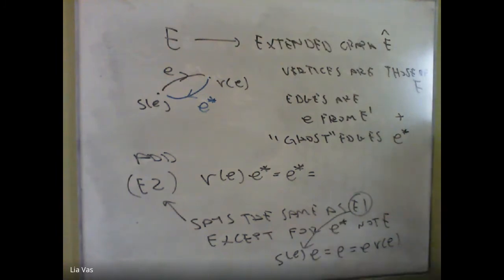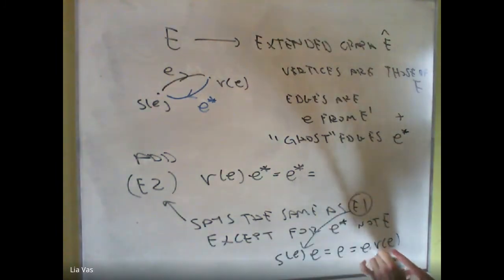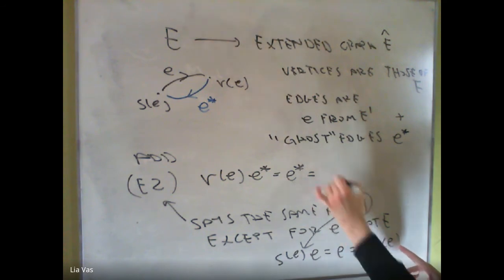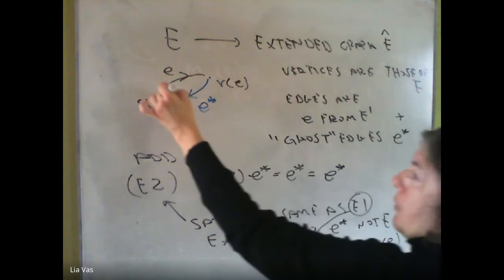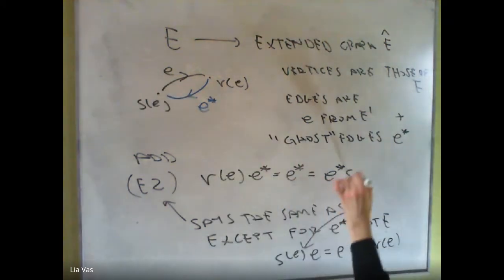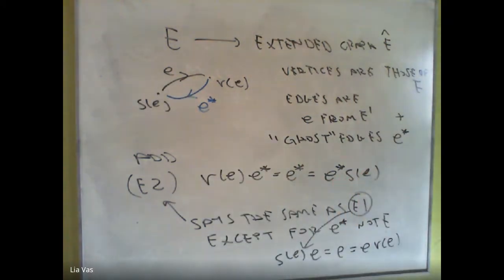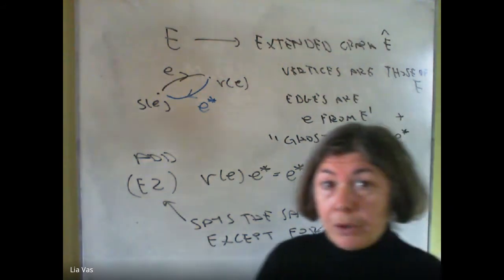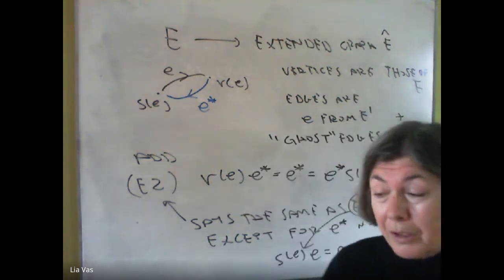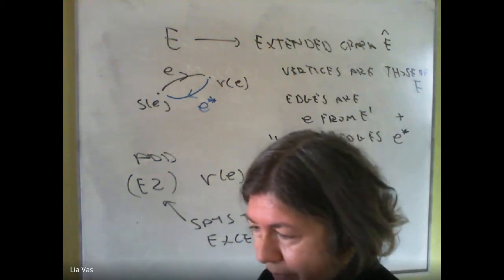And the second half of the axiom is saying that e star times range of e star should be e star. What is range of e star? It is source of e. So you see, now you have something like a path algebra, but not over the original graph, but over the extended graph, right?